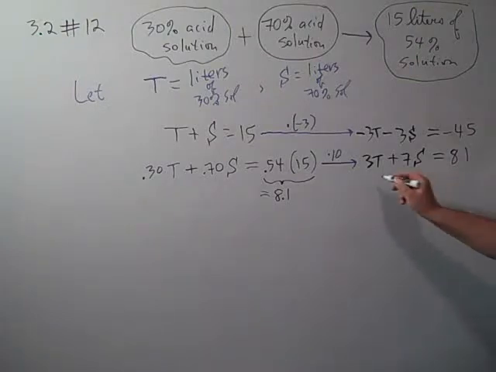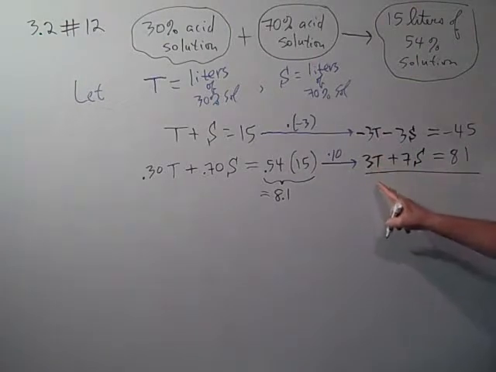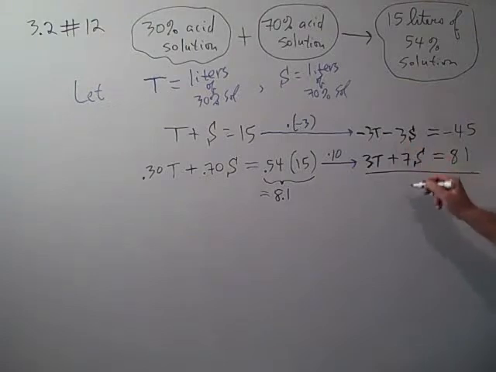Now, when we add these two equations, the T's are eliminated. 7S's minus 3S's leaves 4S's. And 81 minus 45 gives us 36.